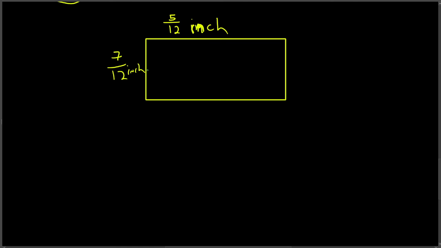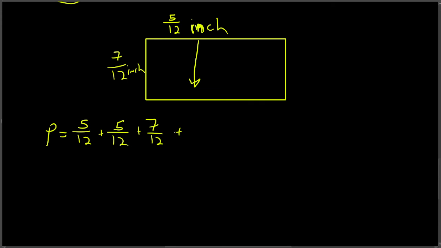Right, small little piece of like electronic component that I have measured in inches. Well, if I want to find the perimeter, my perimeter equation is I add up each side. And so this has 2 sides of 5/12 inch. And it has 2 sides of 7/12 inch.